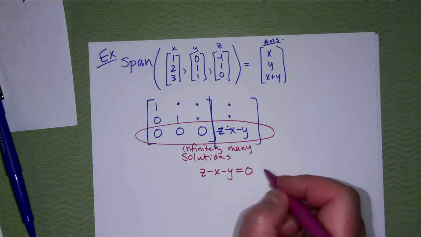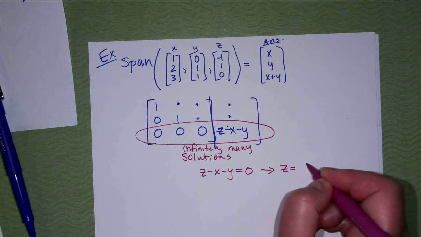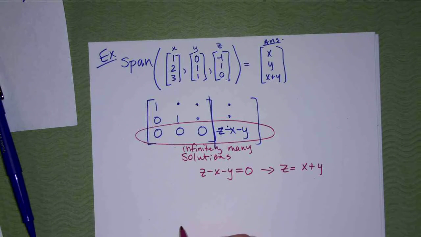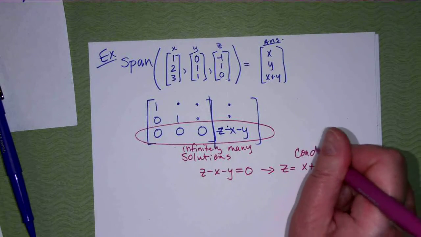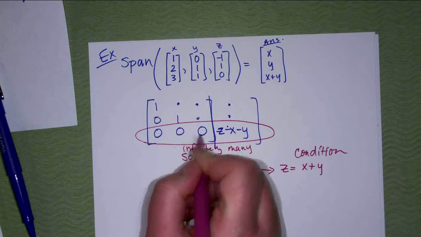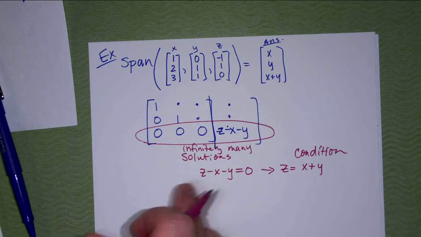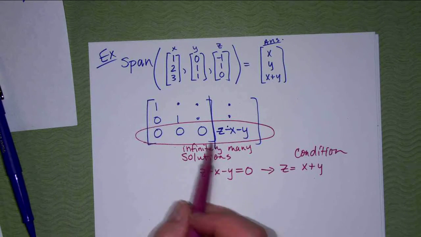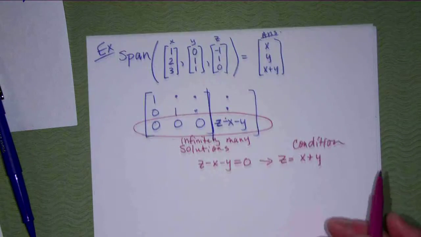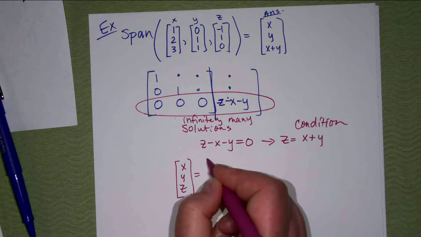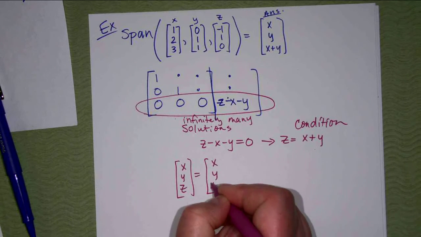That means that Z would have to equal X plus Y. If we solve for Z? Yeah. And so then that's your condition for these. We didn't end up with a lead one here, so it didn't span all of R3. It has a condition for it to even work, and that condition says that Z has to be X plus Y. So in our original X, Y, Z, it's saying that Z has to be X plus Y.